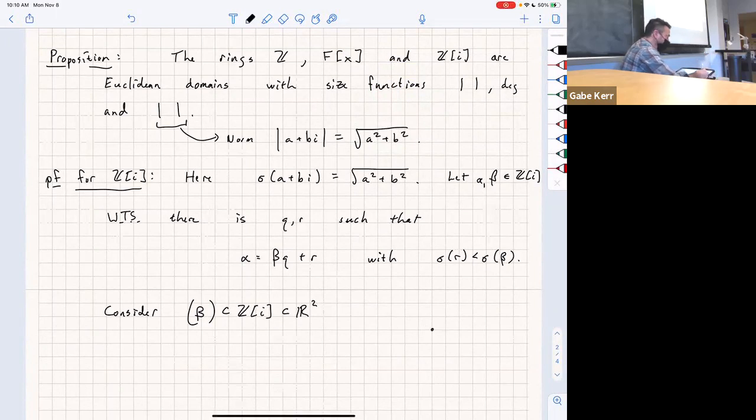Now if we choose an element, say this is beta, in my case 3 plus i, what happens when I look at the ideal generated by beta?